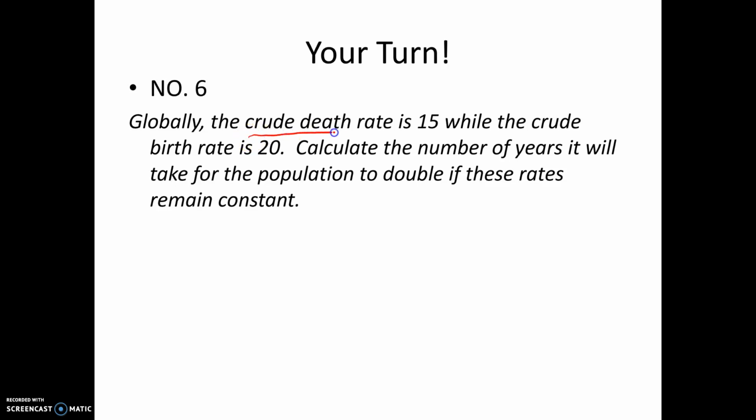Globally, our crude death rate is 15. CDR equals 15. And our crude birth rate is 20. CBR equals 20. We need to calculate the number of years it will take for the population to double. Ooh, okay. So how are we going to do this?